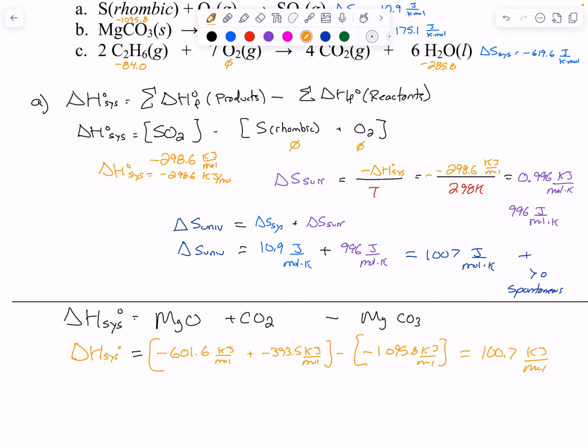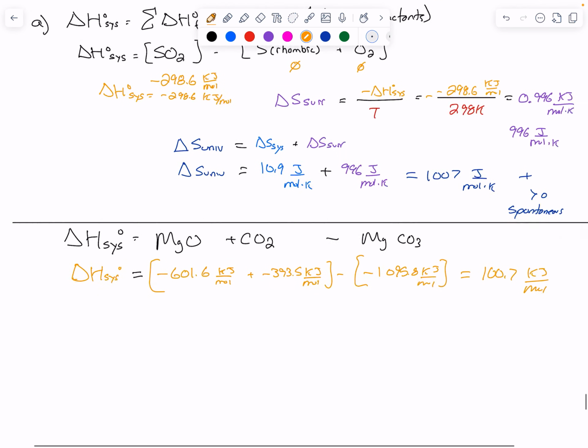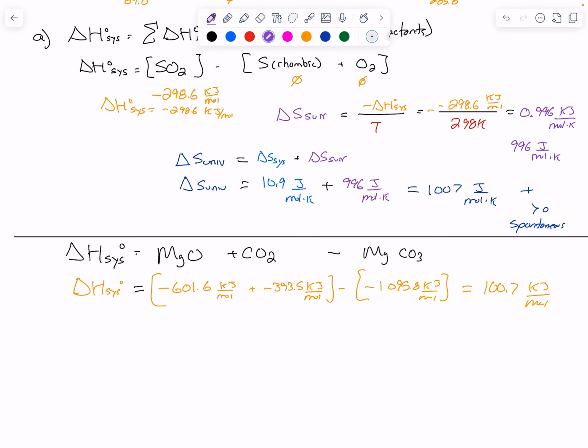So I get 100.7. Now we have to do delta S surroundings. Again, that equals negative delta H system over the temperature, which for our system is 100.7 kilojoules per mole.